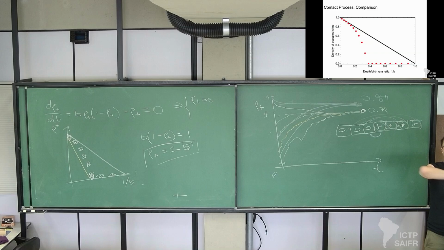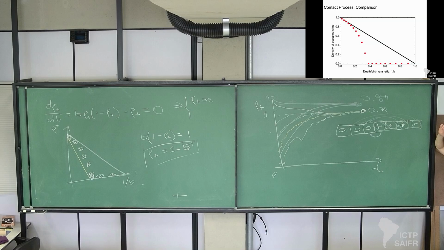In this case, the space doesn't matter. This is what people call a fully connected network. So if we think of a very small system with only 5 towns, let's say this is the spreading process that Raisa was explaining to us yesterday.